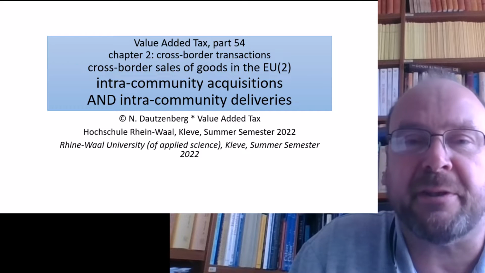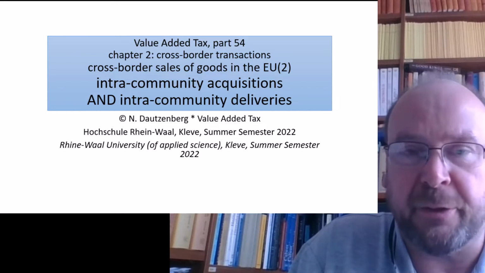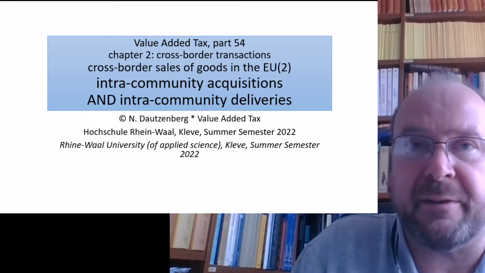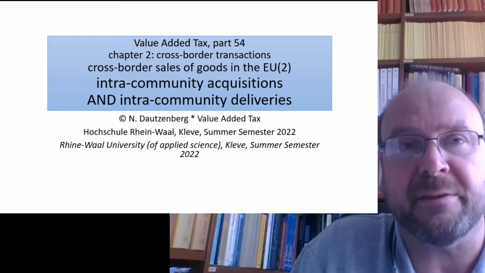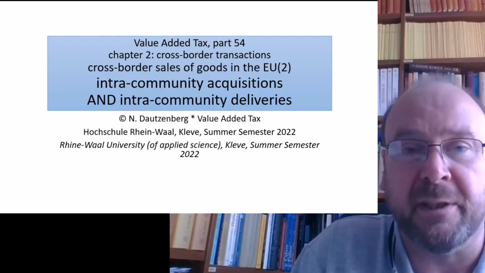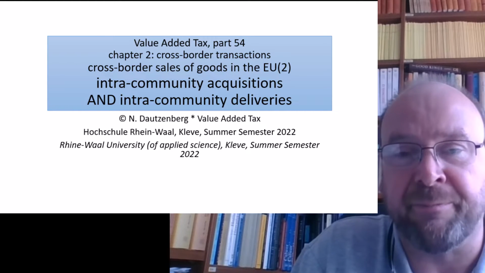In the last chapter I told you that in the European Union for cross-border deliveries we have basically three different legal solutions for how a cross-border delivery of a good from one state into another state of the EU has to be treated.